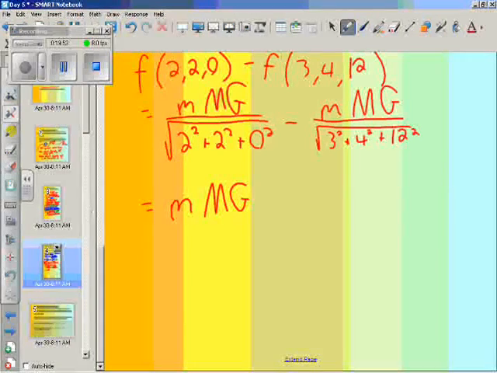And so I think we can leave it like that, or if we want to simplify a little more, we could bring out mMG, 1 over 2 square root of 2 minus 1 over 13. And so this would be the work done by that gravitational field.